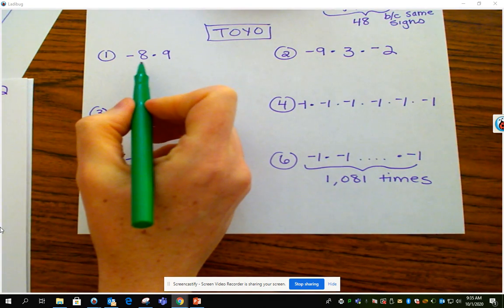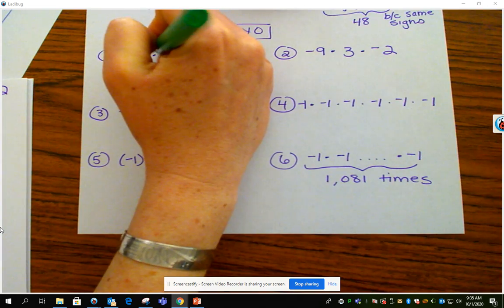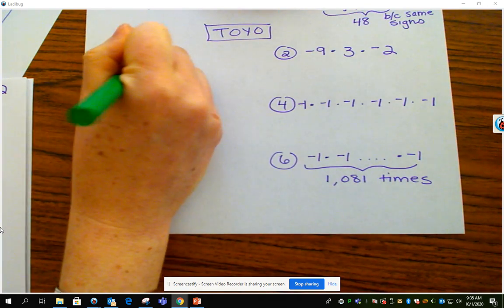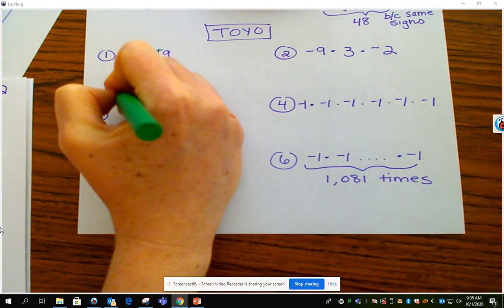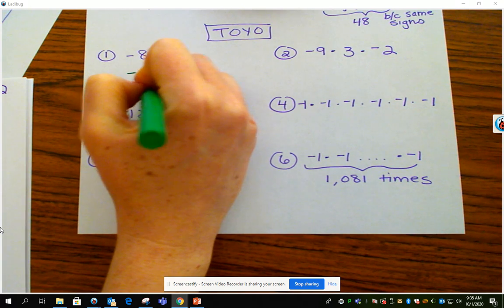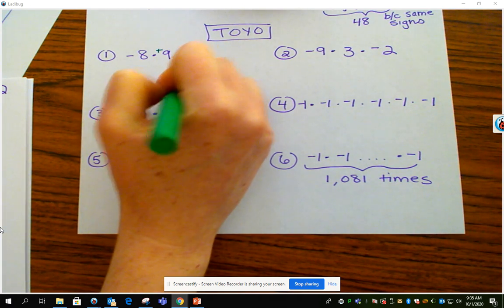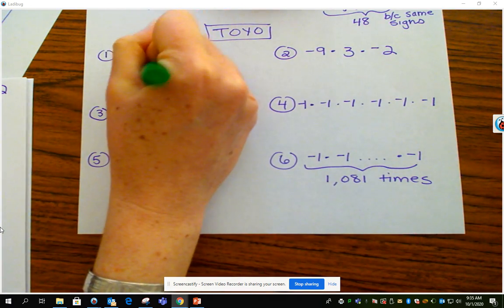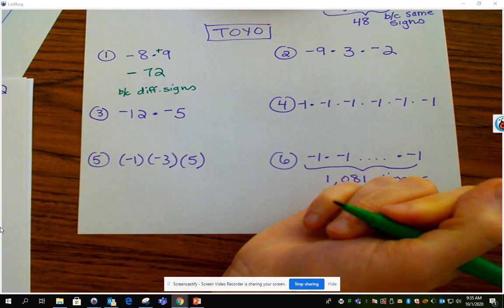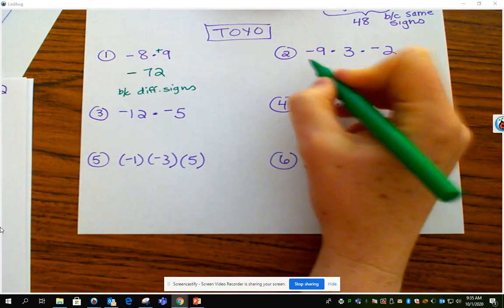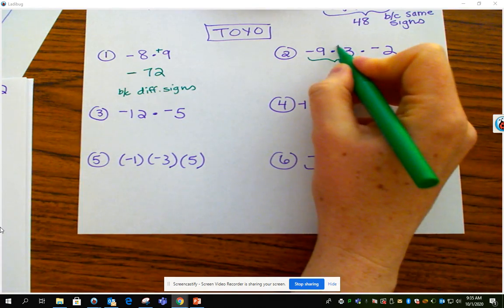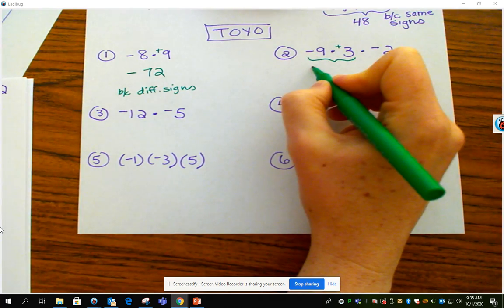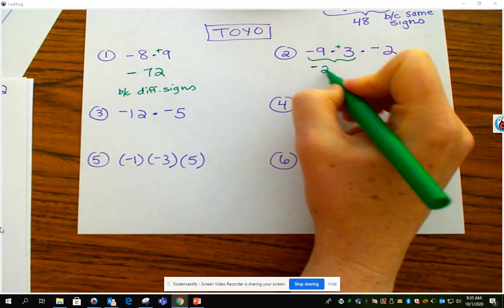Here we had negative times a positive, so we know we're going to have a negative answer, because different signs. And then I just multiply. 8 times 9 is 72. Here, I would do it step by step. So here I've got different signs, so I know I'm going to have a negative answer of 27.